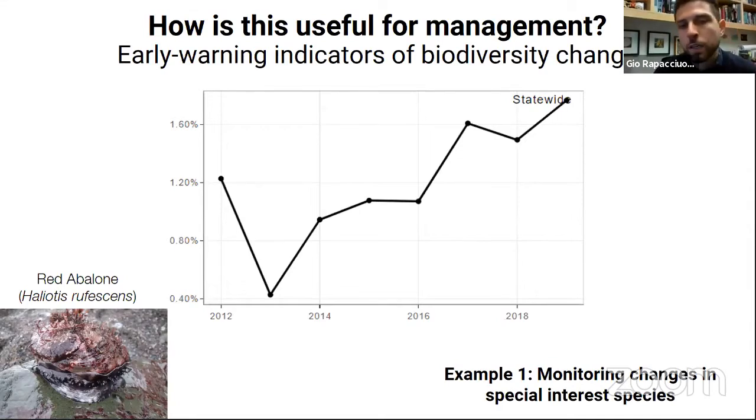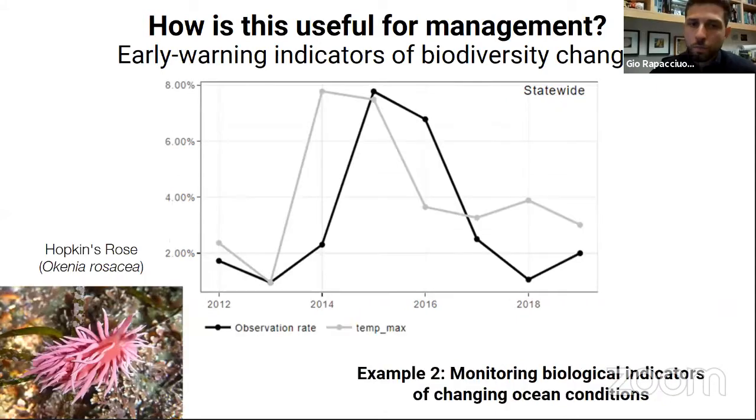And so we're seeing this pattern of increase in the intertidal, given the fact that it is seeking refuge out there. This is Okenia rosacea, the species of nudibranch we've been talking about.